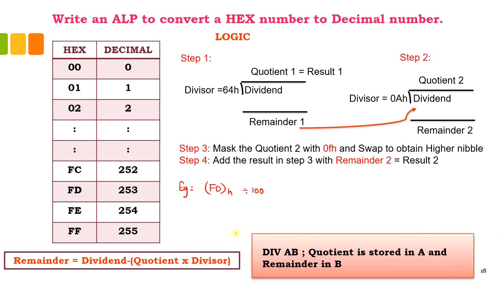Now, when I perform the division, I cannot divide a hexadecimal number with a decimal number, right? Because this 100 is in decimal. So I need to find out the equivalent of this 100 in hexa, and the equivalent of 100 in hexa is nothing but 64H. So instead of dividing by 100, I will be dividing it by 64H.